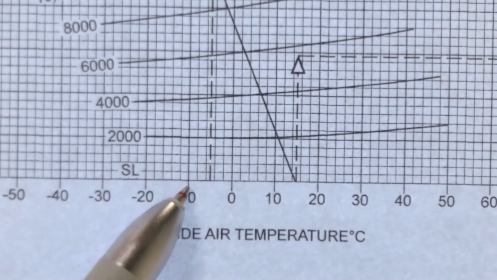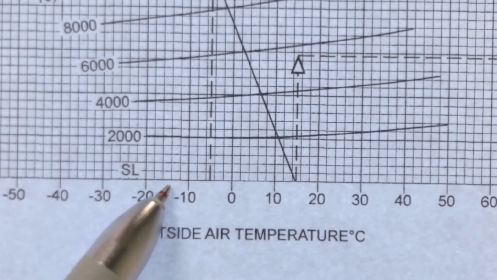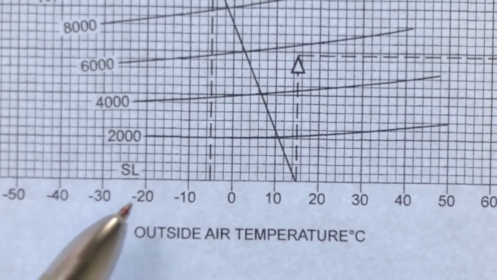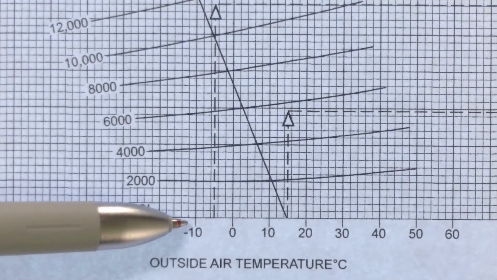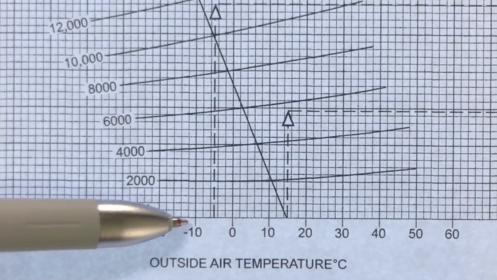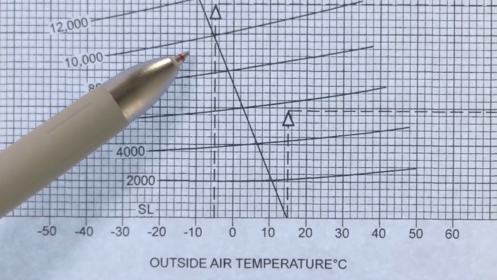So this is negative 10, negative 12 will be 1 square to the left, because that's 2, 4, 6, 8, minus 20. So what we're going to do right now is plot a line from negative 12 all the way up to meet our altitude at 10,000 feet.